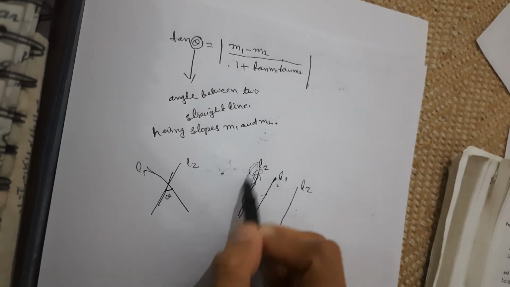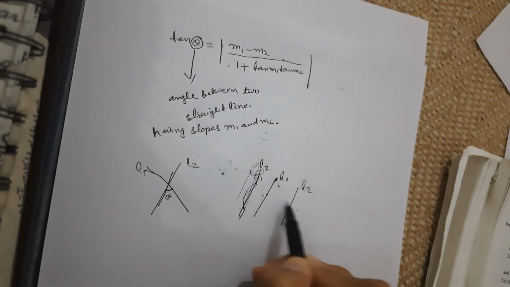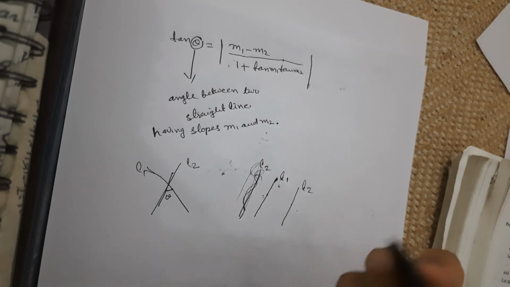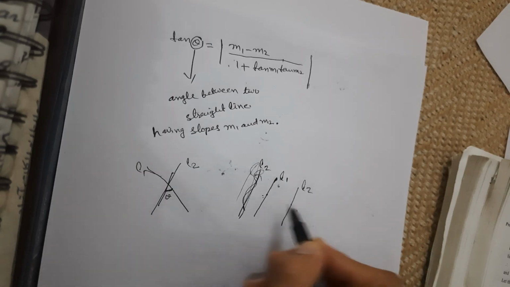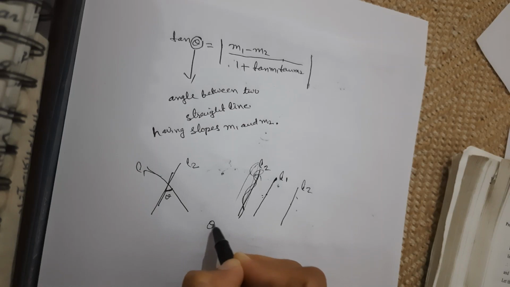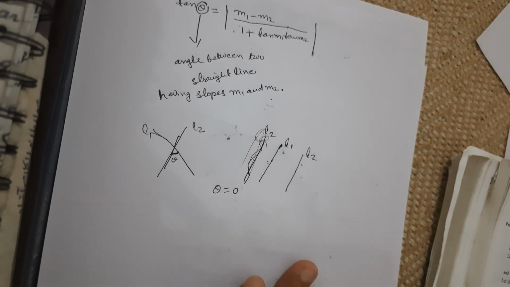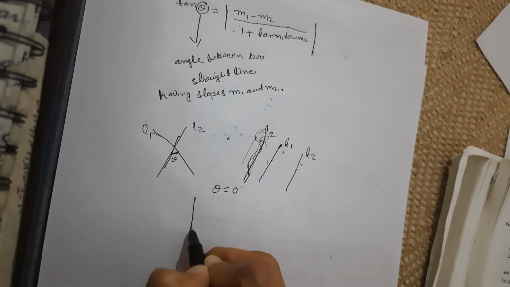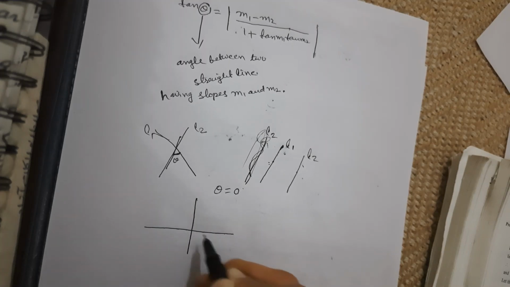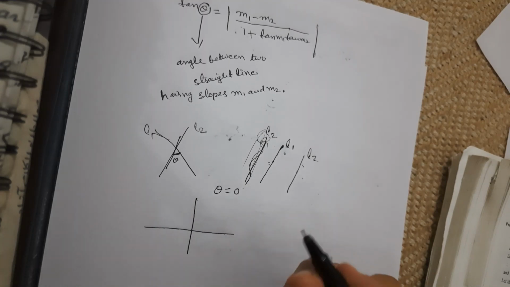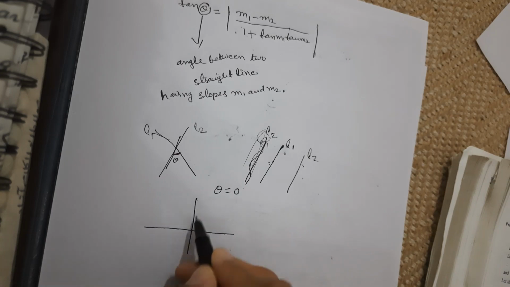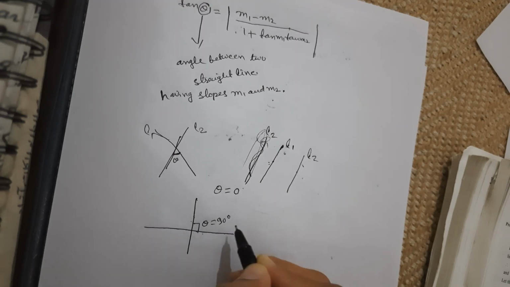If they are not cutting, the angle between them is always 0. Similarly, if two lines are perpendicular, cutting each other at 90 degrees, the angle between them will be 90 degrees.